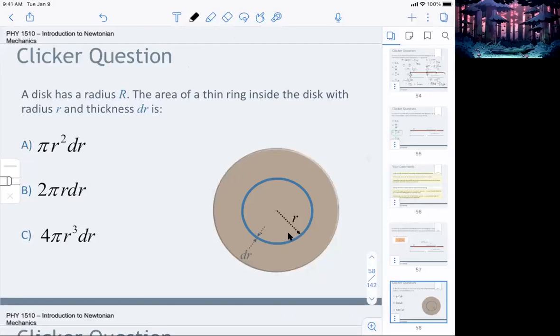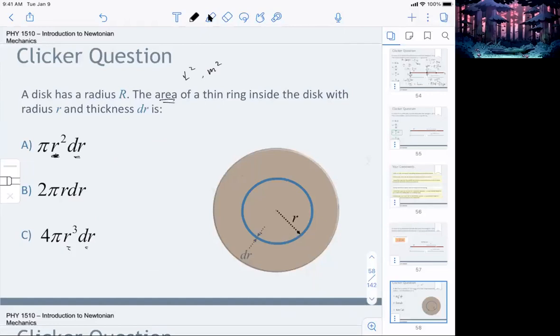You can get rid of some obviously wrong answers by looking at the dimension. The area has to be length squared, meter squared. If you look at this one, r squared is already meter squared times dr, you get meter cubed. This one gave you meter to the power four. So you can exclude some wrong answers by dimensional analysis. That's sometimes a useful way to find an answer.